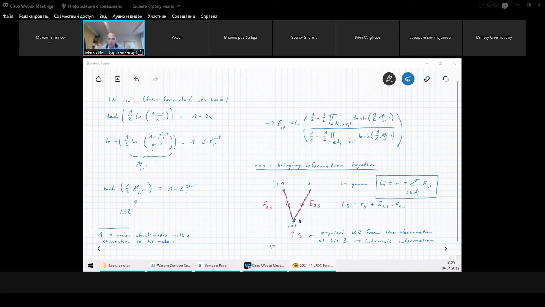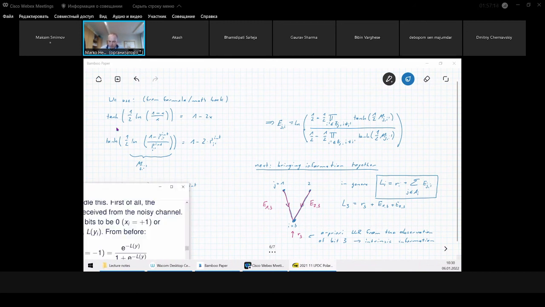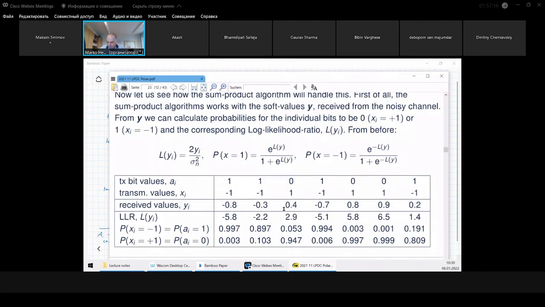So we have some more question here. LLRs computed using noisy received values will be called a priori LLRs. Yes, exactly. That's it. So the ones in our table here, before we start doing anything, those are the a priori LLRs.